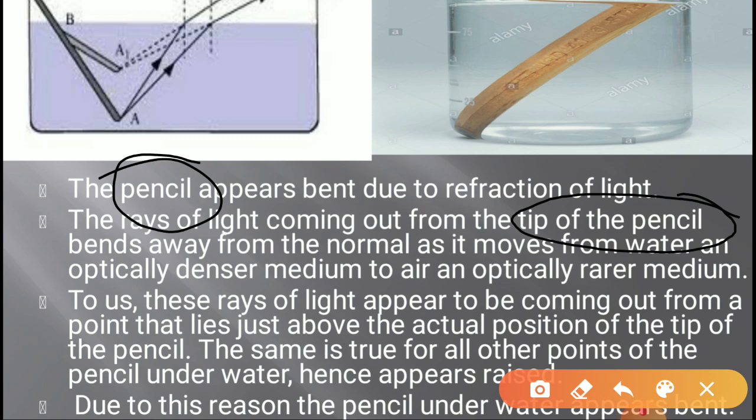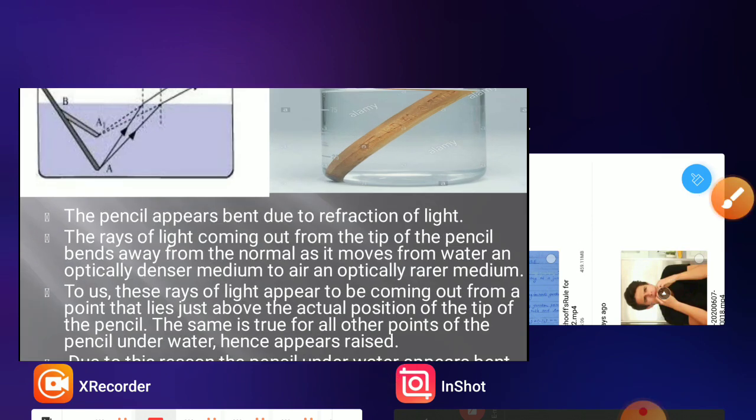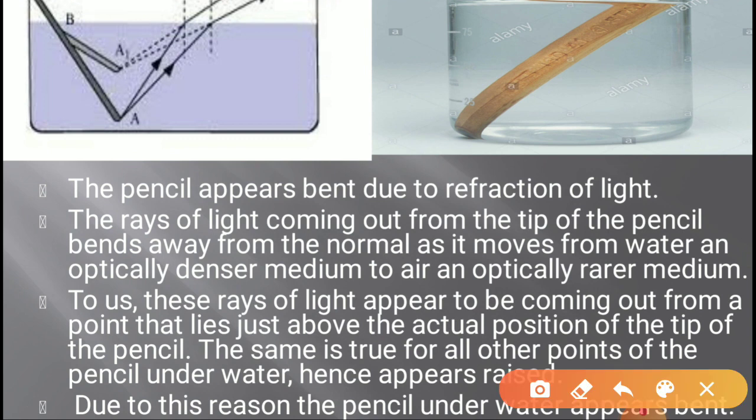To us, the rays of light appear to be coming out from a point that lies just above the actual position of the coin.